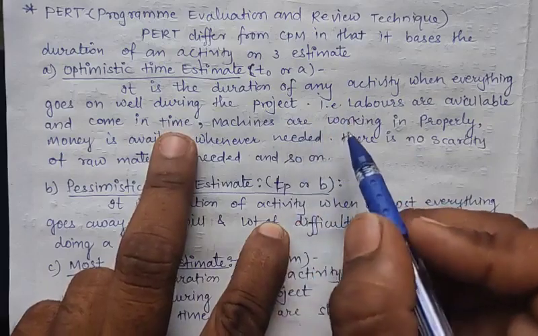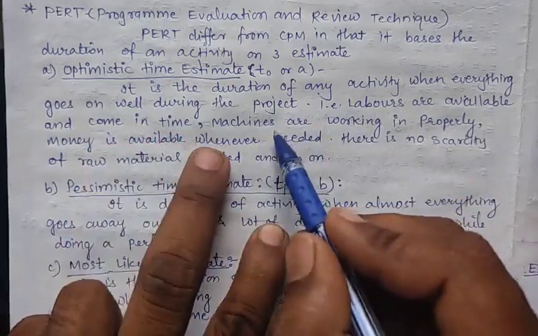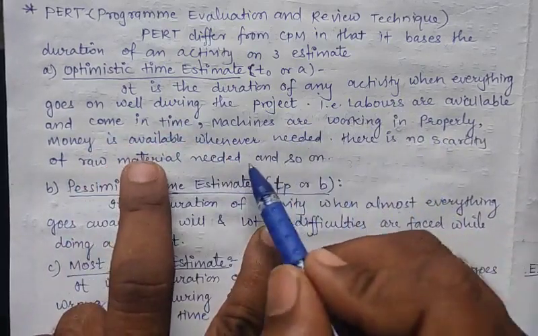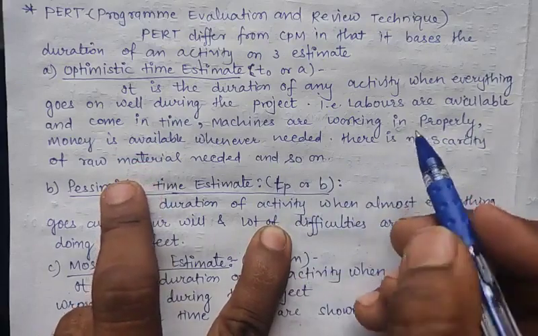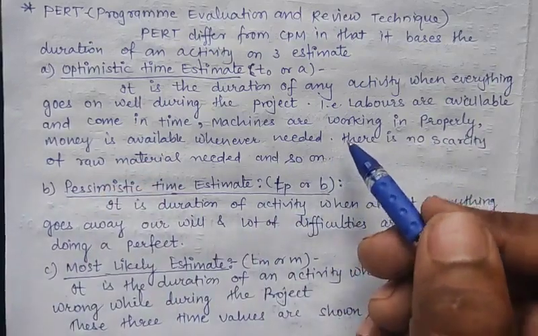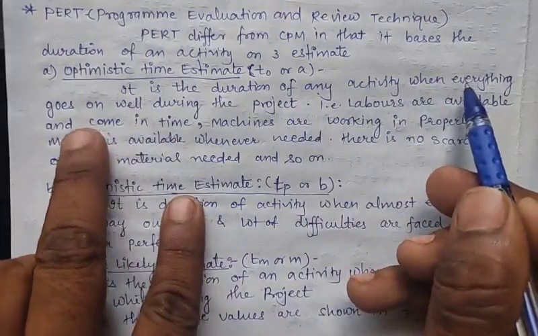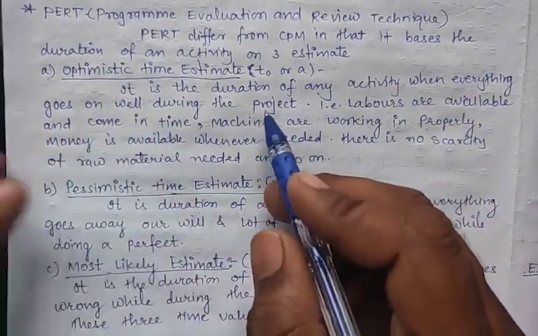For example, labor is available and comes on time, machines are working properly, and money is available whenever needed. There is no scarcity of raw material needed, and so on. So these are examples of the optimistic time estimate. That is, the duration of any activity when everything goes well during the project is called the optimistic time estimate.